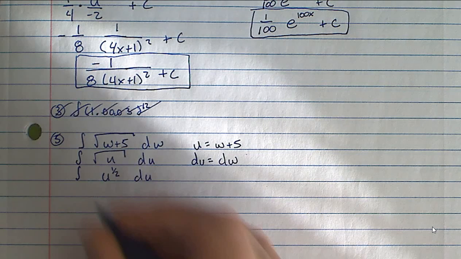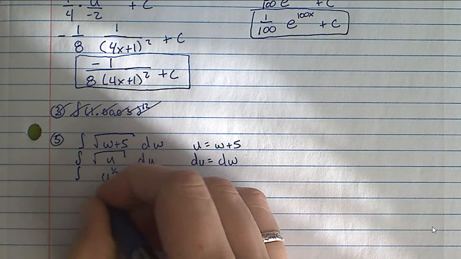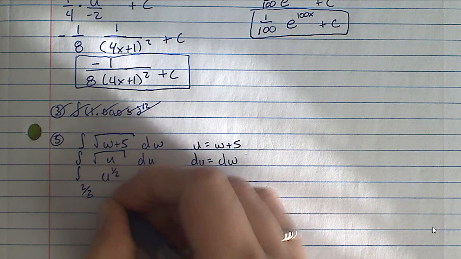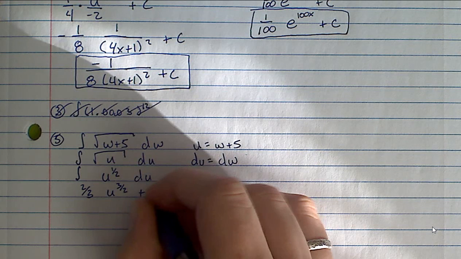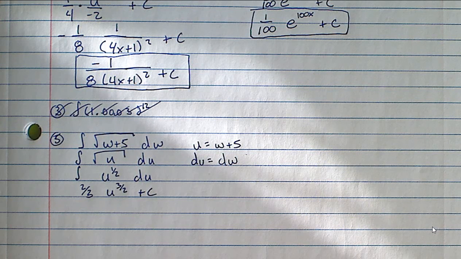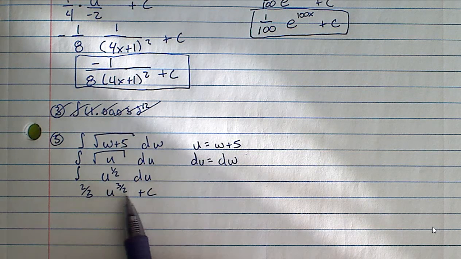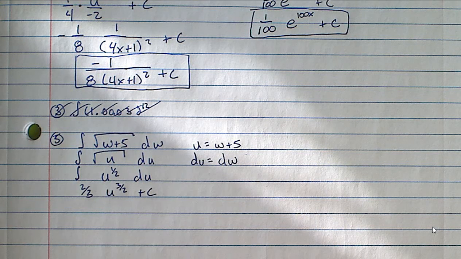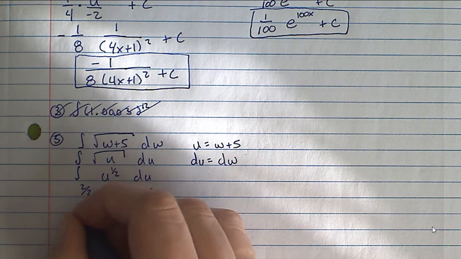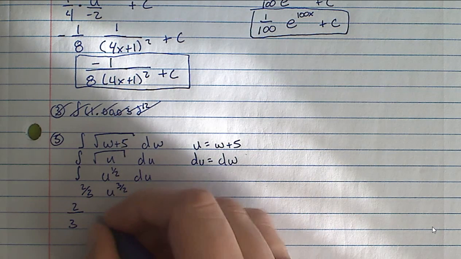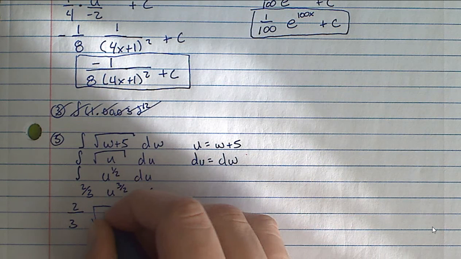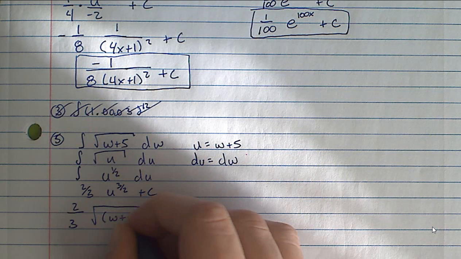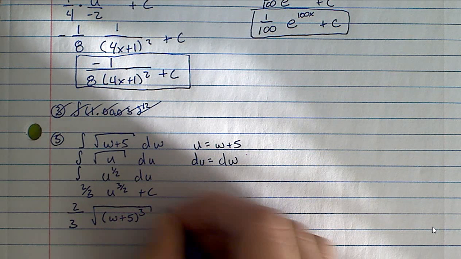And then antiderivative means this is going to go 2/3. And then you would resubstitute w plus 5 in for u. So 2/3 times w plus 5 to the 3/2 power plus c.